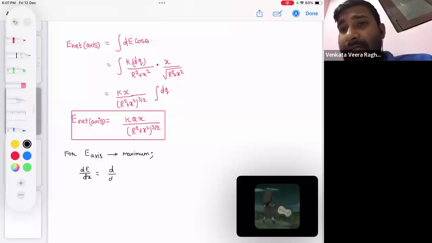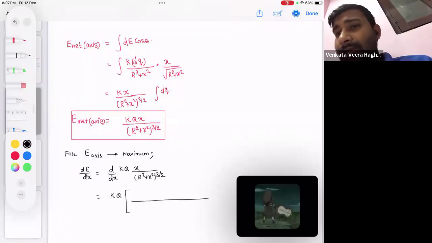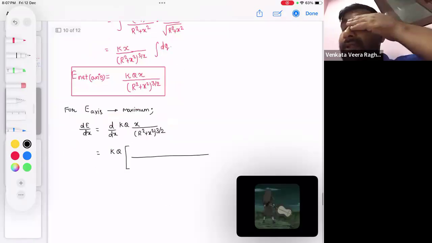d by dx of kqx by (r square plus x square) to the power 3 by 2. If you differentiate it, k is a constant, q is a constant, so it will come outside. Can we apply the u by v rule, the numerator by denominator rule?